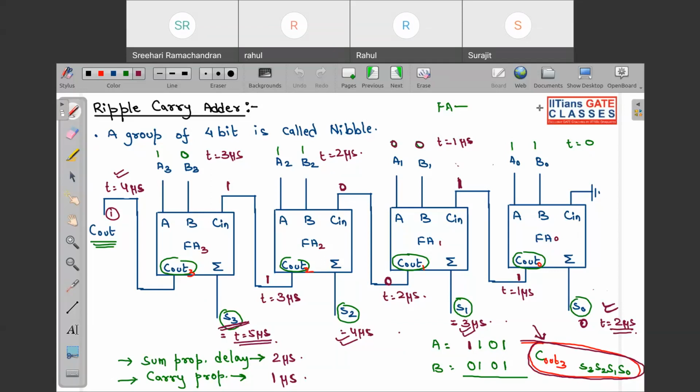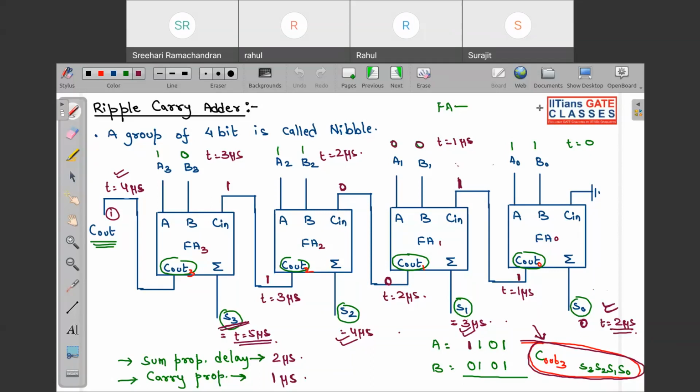Okay. So, sir, before performing this addition, if it is given C out is already 1, then we may consider the total propagation delay 3 microseconds, no, sir? Pardon, I couldn't hear you. What are you saying? If C out is equal to... in which stage are you telling? Out of FA0, FA1, FA2, FA3? Yes, sir.